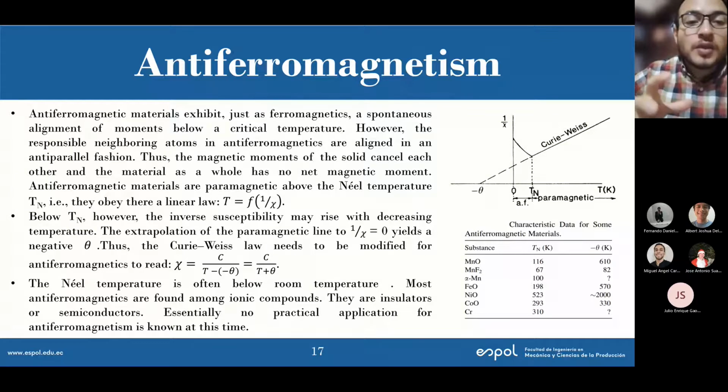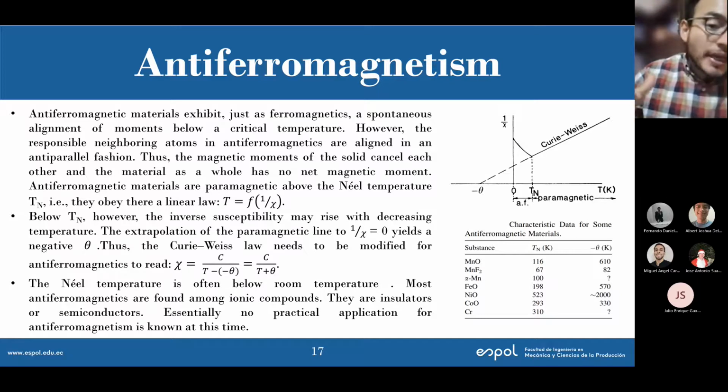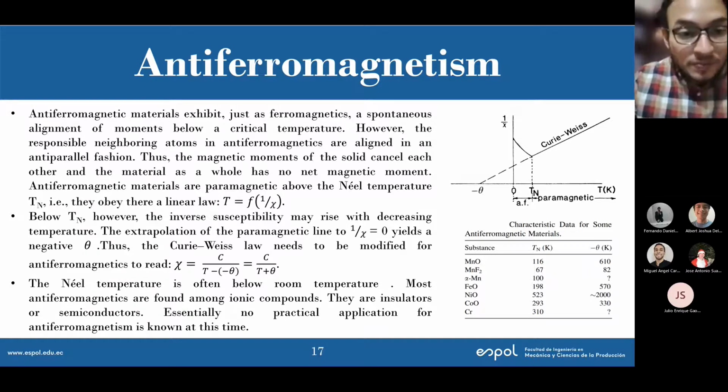Now we can have the opposite behavior materials, which are the antiferromagnetics. They exhibit, such as ferromagnetic materials, a spontaneous alignment of the magnetic moments, as long as they are below the critical temperature, right?